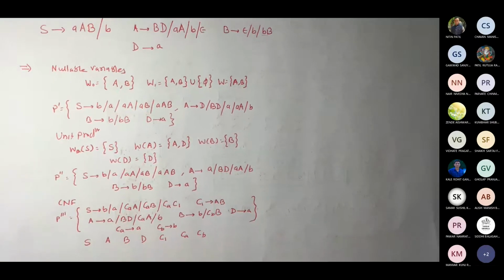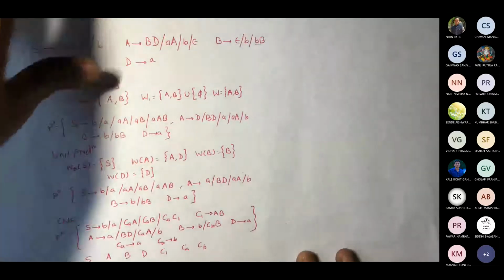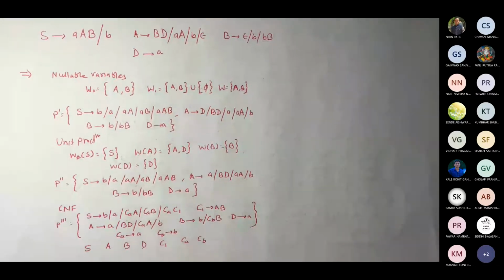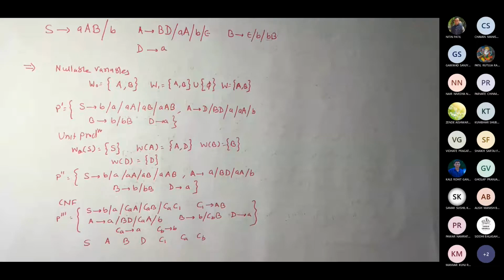Correct? These are the only variables that you have there. Fine? So now you have to rename them. A1, A2, A3, A4, A5, A6, and A7. Correct?